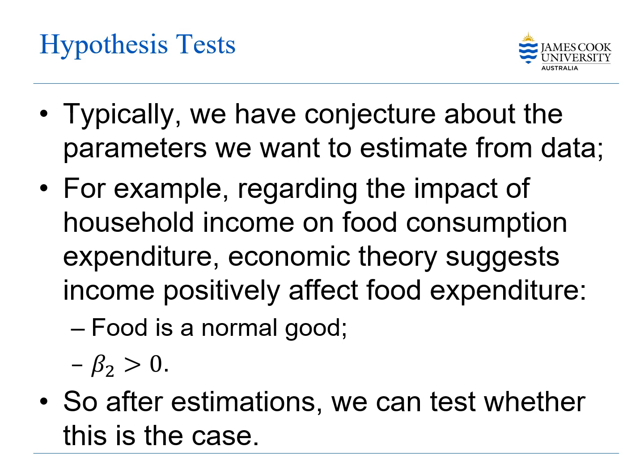So before running the regression, economic theory would suggest that income positively affects food expenditure. We call this food is a normal good, or in other words, beta 2.